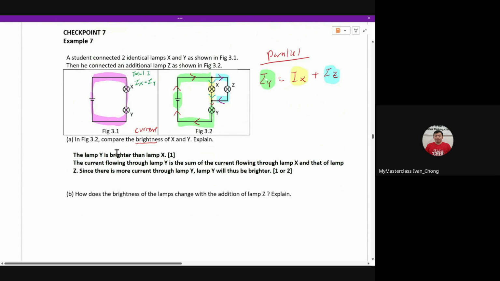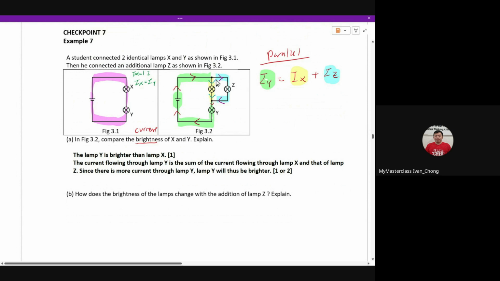So number one, first thing you ask yourself, from 3.1 to 3.2, what happened? You can see that the current over here was originally your total current, right? So you can just imagine you had a lot of current flowing through X at 3.1.